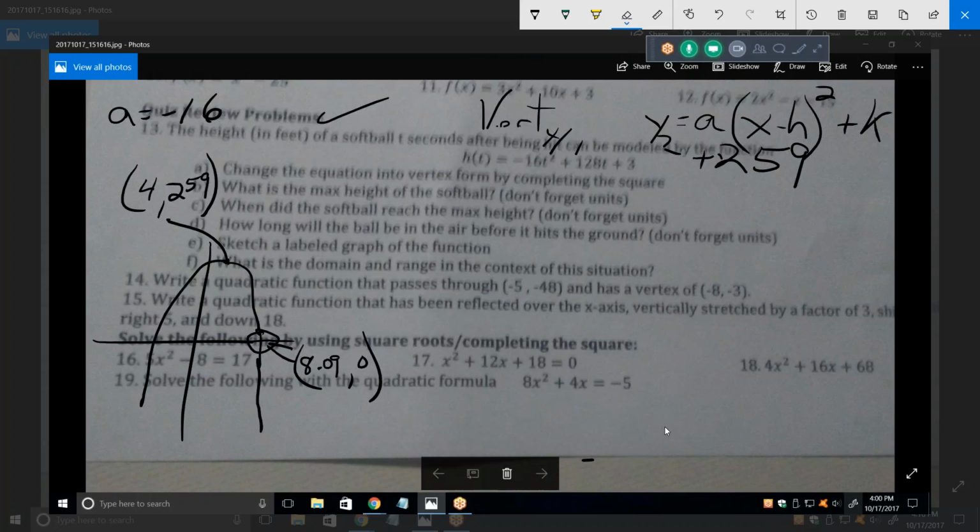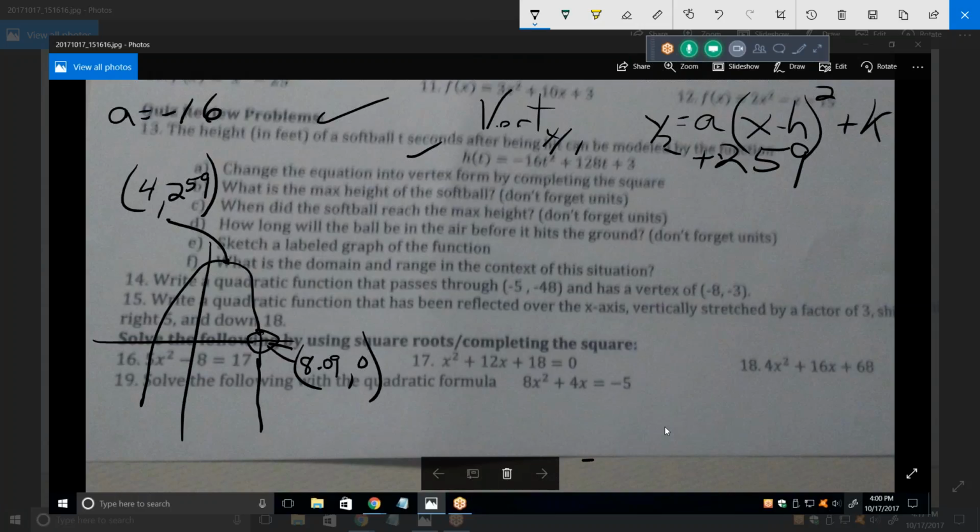After e, if we look at the original function, the height that it was thrown from is when t is equal to 0, correct? When time is 0. What's that height?